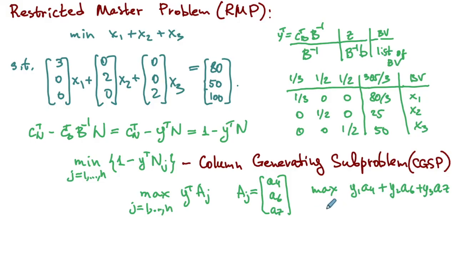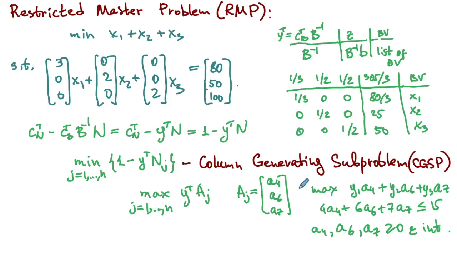So the total amount that we cut is going to be given by 4 times a4 plus 6 times a6 plus 7 times a7, and this needs to be less than or equal to 15. And then of course a4, a6 and a7 are all non-negative and integer.